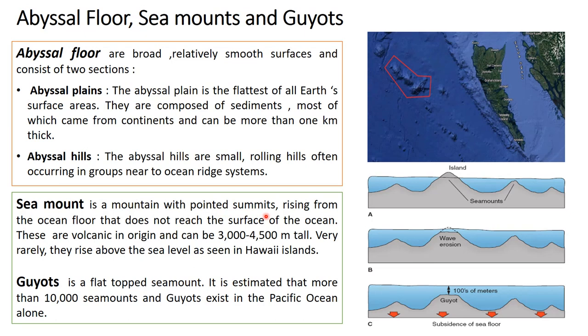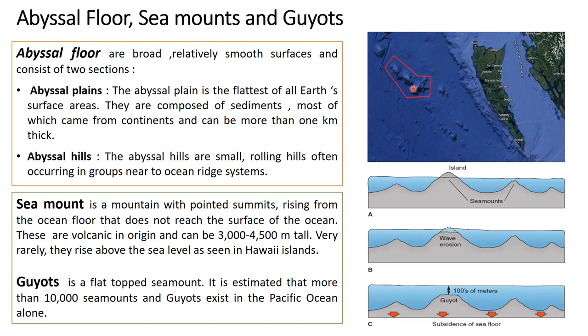So very steep pointed mountains rising from the ocean floor that do not reach the surface of the ocean. Okay? These are volcanic in origin and can be 3,000 to 4,500 meters tall. Very rarely they rise above the sea level, as seen in the Hawaii Islands. Okay, so these are the seamounts.